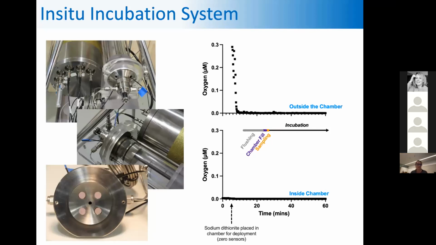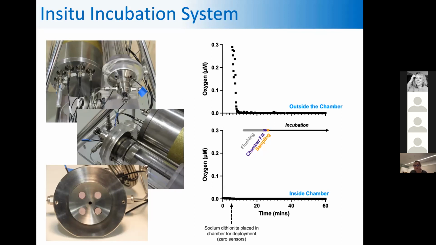So then how do things look inside the chamber? And so that's the bottom panel. We actually deploy the system with sodium dithionite in it. This allows us to have a chemical zero for our optode sensors, allowing us to basically get a zero measurement of oxygen in situ. And then the idea is the chamber is flushed a number of times, and that allows us to flush out all of that dithionite.